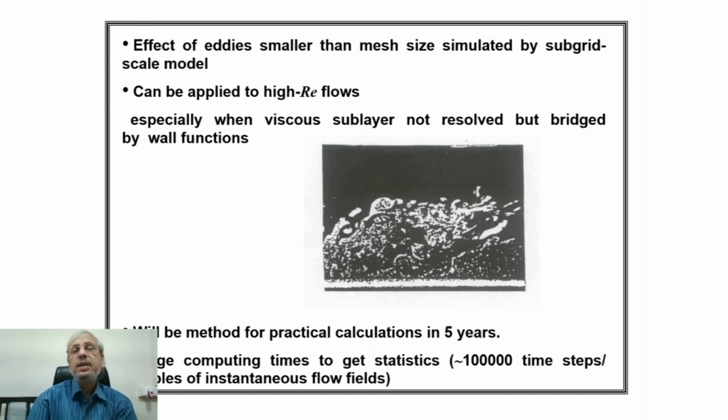So with all these, for usually flows of engineering importance, where we want to calculate pressure drop or skin friction, or if it is heat transfer, finally the average Nusselt number or average heat transfer, for those requirements, we often cannot use LES or DNS.